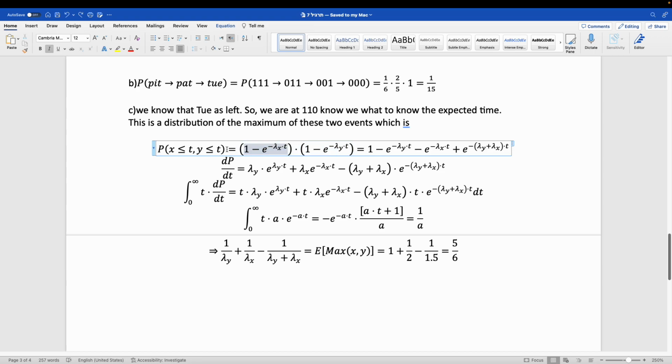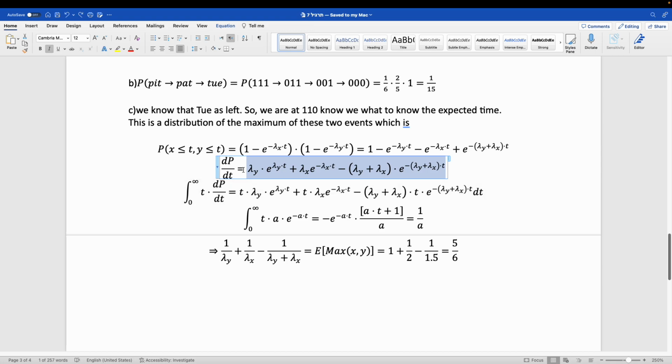This is just from the exponential variable, we just multiply both of them because we know they're independent of each other. And now I just organize it a little bit, so from this to this, and then I look at the derivative, so the density function. Now look at the density function, and we have this density function when I get the derivative.